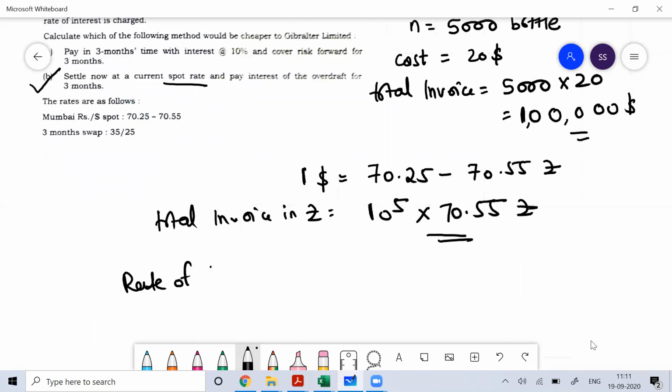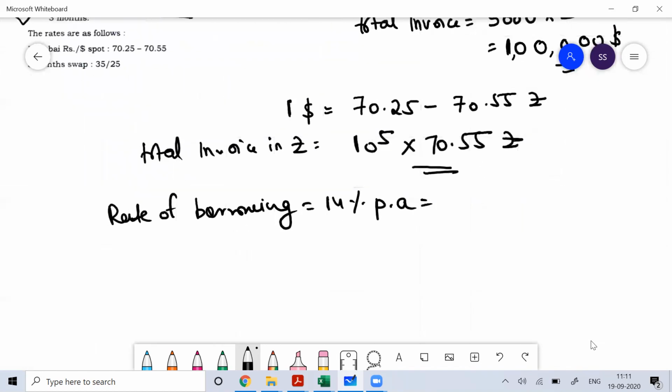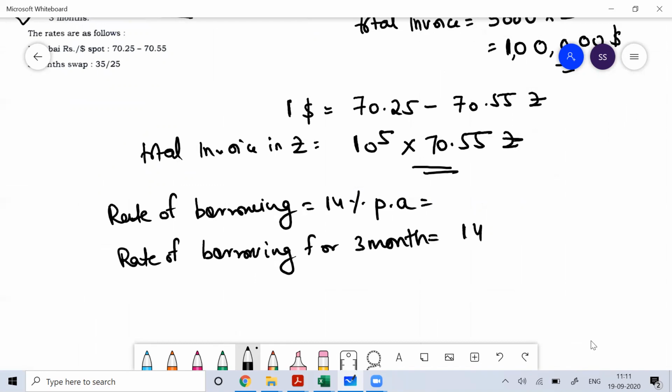The rate of borrowing is 14% interest per annum. So for 90 days, the rate of borrowing for 3 months, that is 14%. 3 months is 3 divided by 12, so this is 14% into 1 by 4.